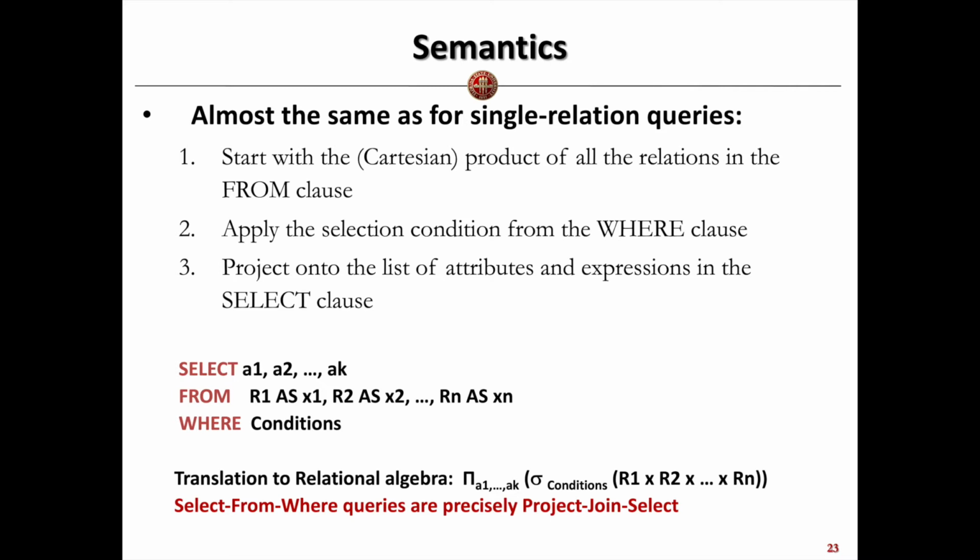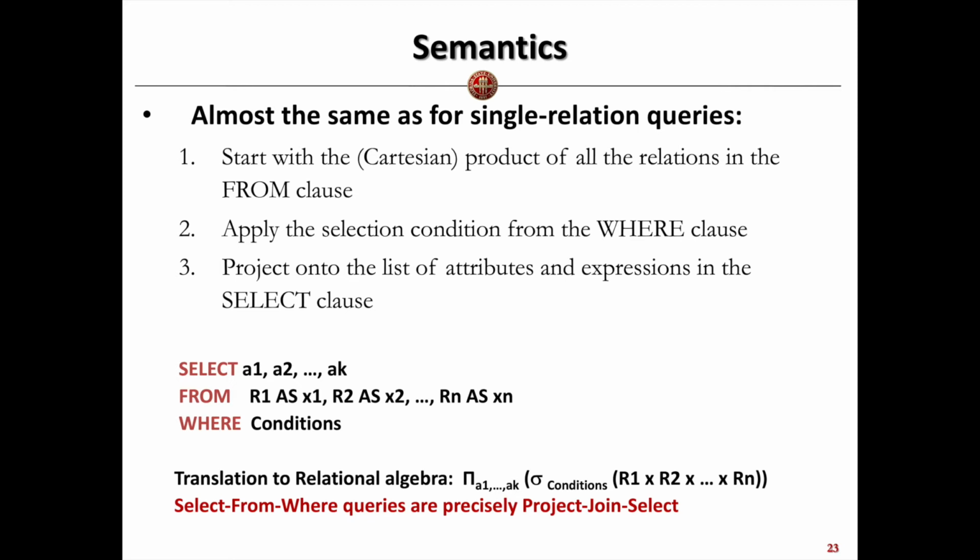So when we see a query like select A1 to AK from relations R1 to Rn with some conditions, we normally start from the relations in the from clause. We calculate the product among all the relations in the from clause, then apply the selection condition in the where clause to select some tuples. And finally, we project the desired attributes in the select clause to the returned result.